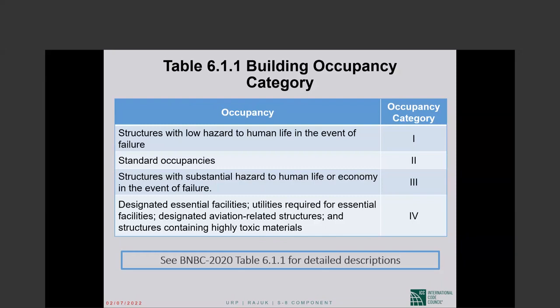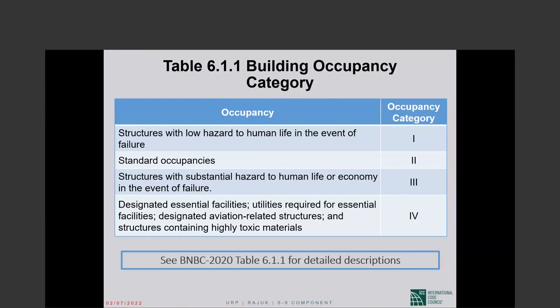So the seismic design category is a function of soil modified ground motion at the site of the structure and the occupancy of the structure. Very, very different. Okay. So the occupancy part is defined in table 6.1.1 of BNBC 2020.